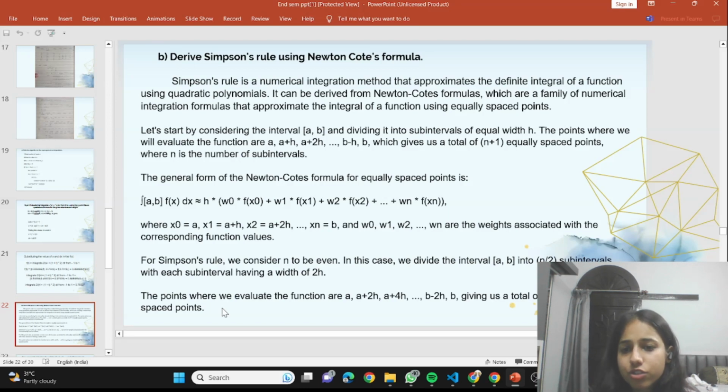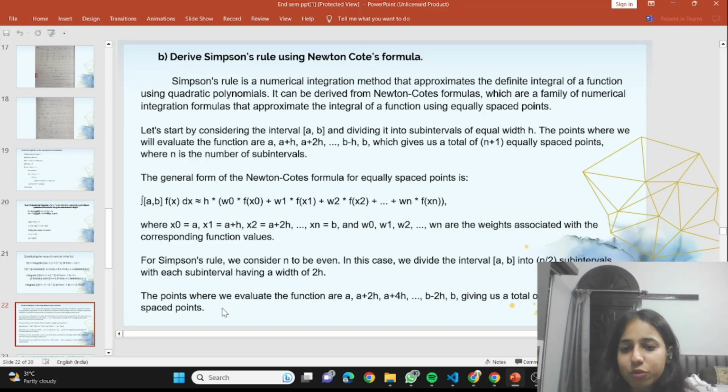Let's start by considering the interval a to b and dividing it into subintervals of equal width h. The points where we will evaluate the function are a, a plus h, a plus 2h, up to b minus h, b, which gives us a total of n plus 1 equally spaced points, where n is the number of subintervals.